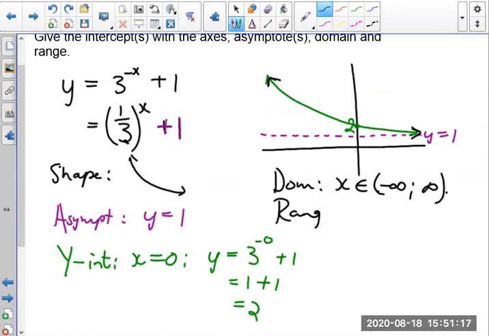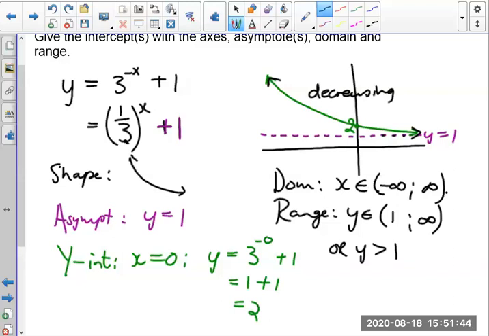Range: smallest y value is just above the asymptote, so it's either 1 with a round bracket to infinity, or if you want to say y bigger than 1, it's also fine. They can ask you, is this an increasing or a decreasing function? And you will say this is a decreasing function.